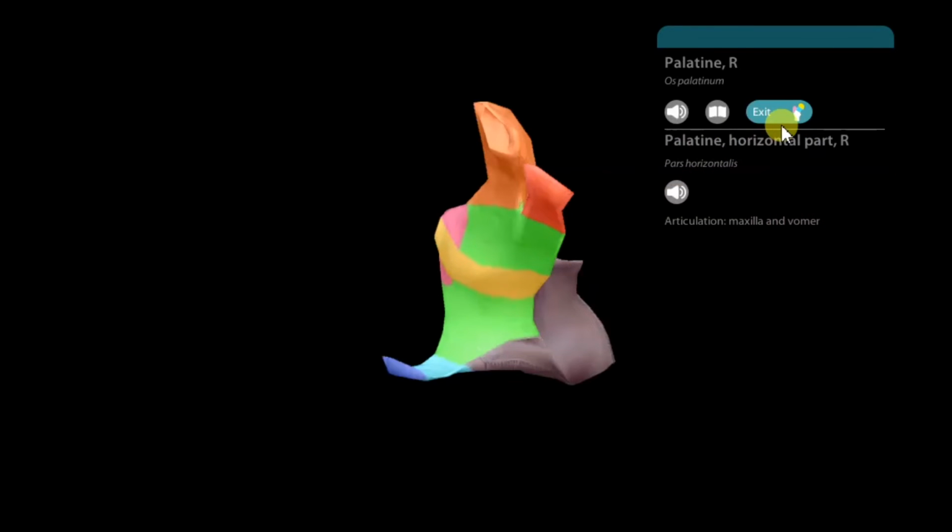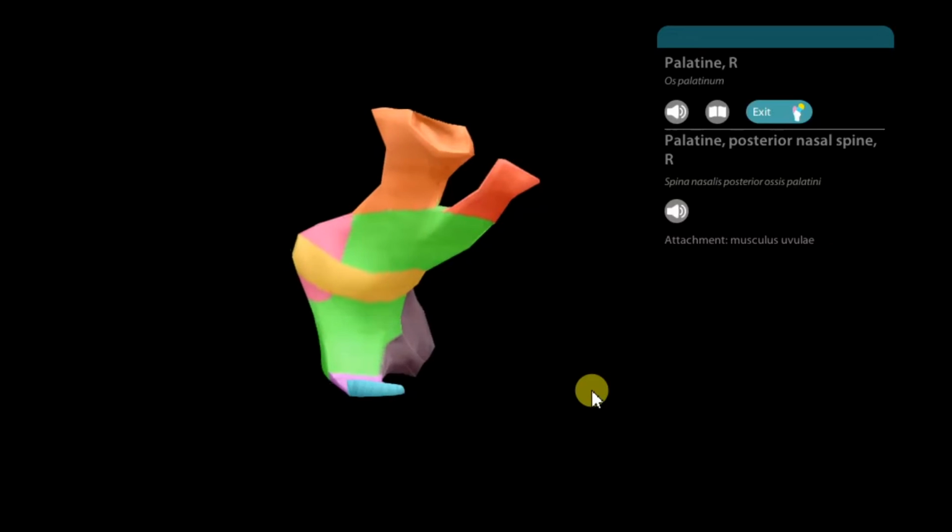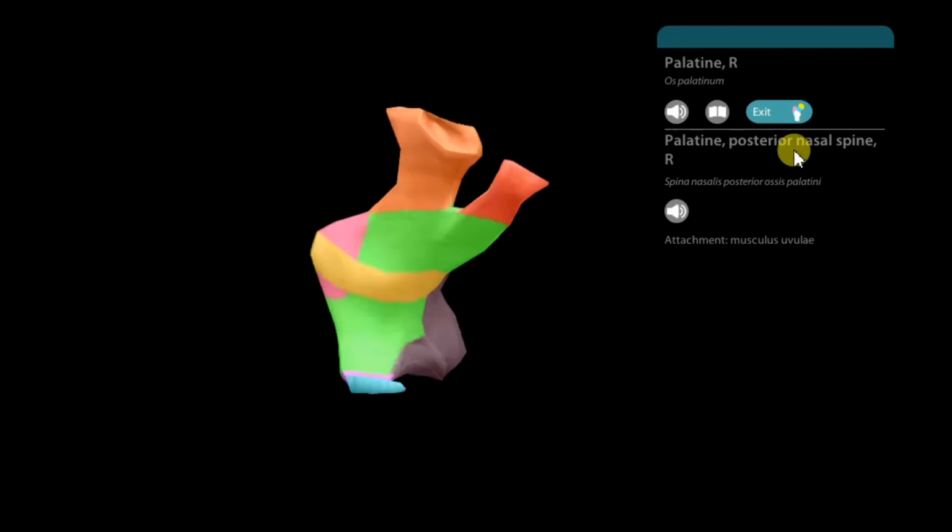The palatine is a little bit confusing, but let's make it very quick. This one is going to be the orbital process, and the green color is going to be the perpendicular plate, which articulates with the maxilla and sphenoid. The black color is the pyramidal process, which makes the articulation with the maxilla. In this area, we're going to call it the posterior nasal spine, which is the attachment for muscles.